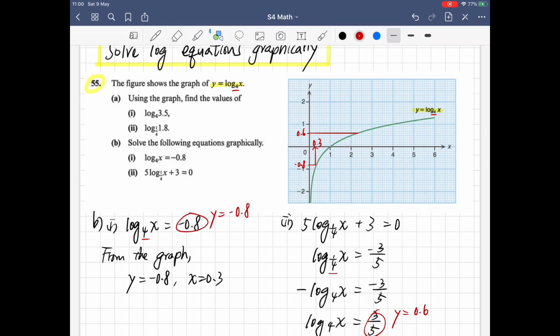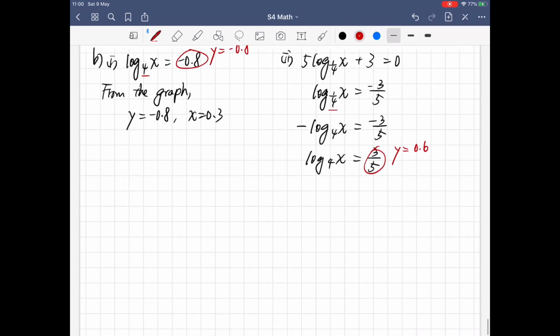Then we take a look at the corresponding value of x, that is 2.3, and therefore from the graph, for y equals 0.6, x equals 2.3.